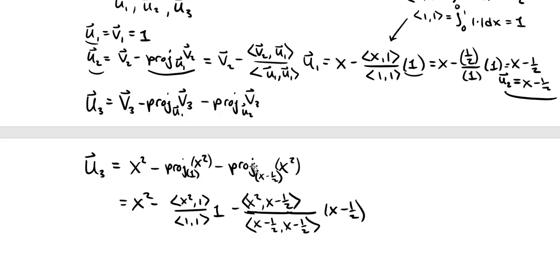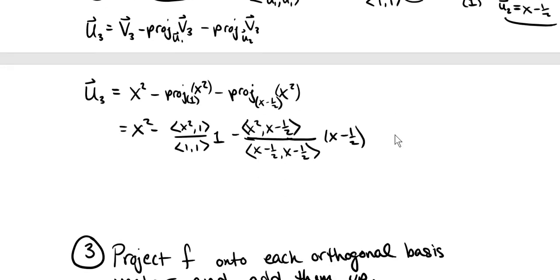And what do we end up with? Let's take a look here. I'll do some integration on the side. X squared inner product with 1 gives me the integral from 0 to 1 of x squared dx, times 1 is still that. I get a third. 1 with 1, we've already seen that's 1.